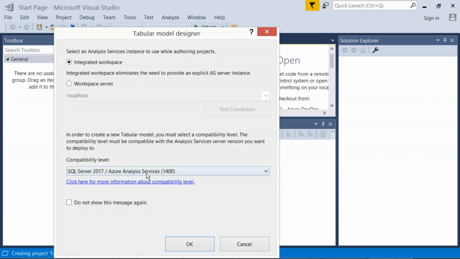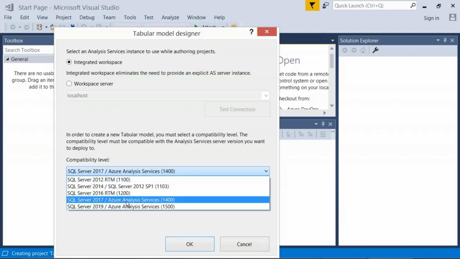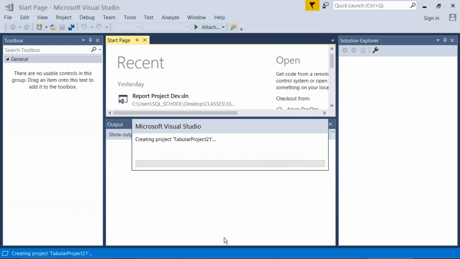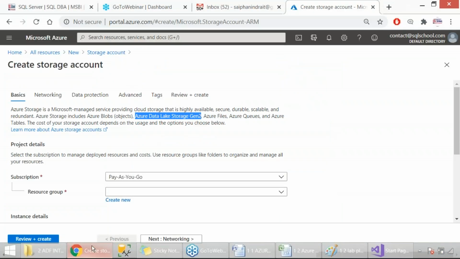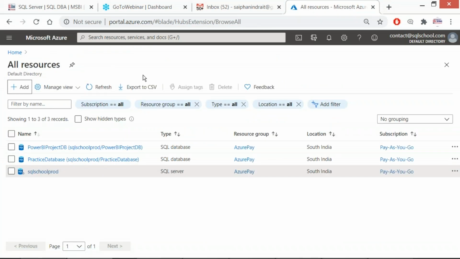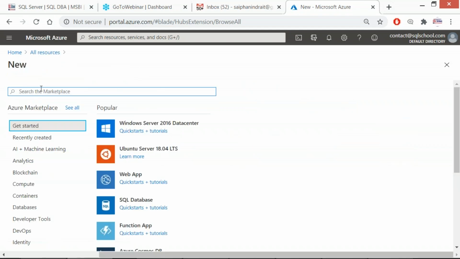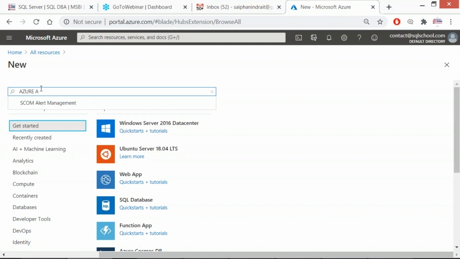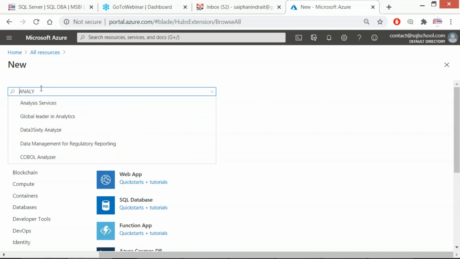We design them locally. It's on-premise. Once you design using this, the design has to be tested, and for the production we require a server, right? To store all the data models we require a server. The server is in Azure, so that is Azure Analysis Services. Say Azure Analysis Services, something like this one.